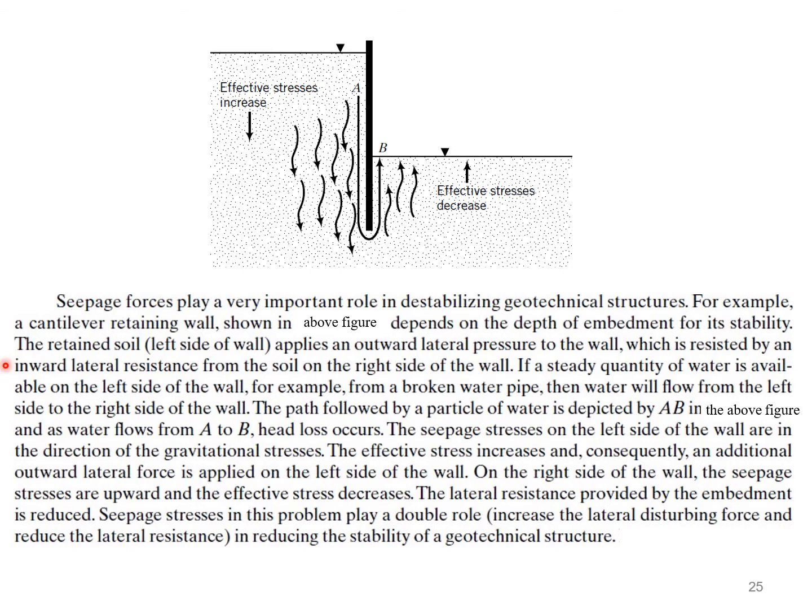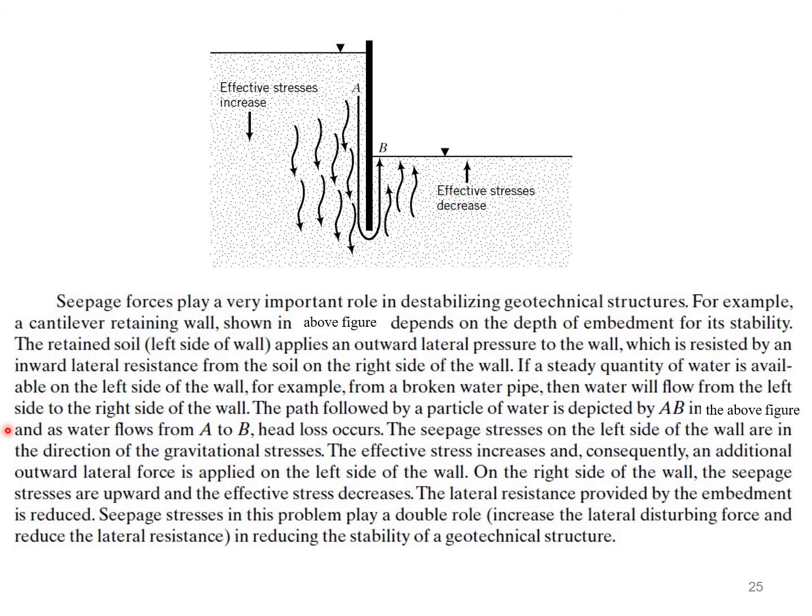If a steady quantity of water is available on the left side of the wall, for example from a broken water pipe, then water will flow from the left side to the right side of the wall. The path followed by a particle of water is depicted by AB in the above figure. As water flows from A to B, head loss occurs.